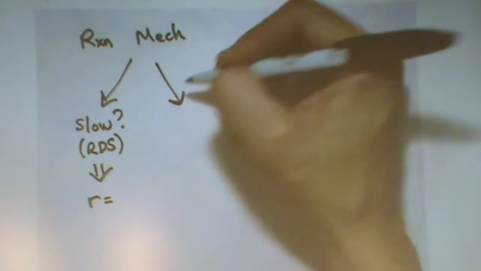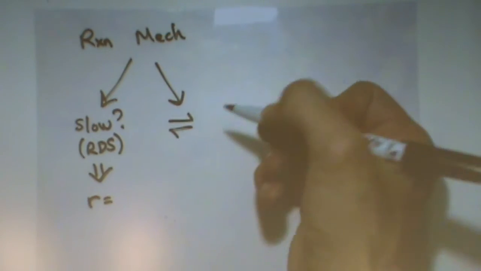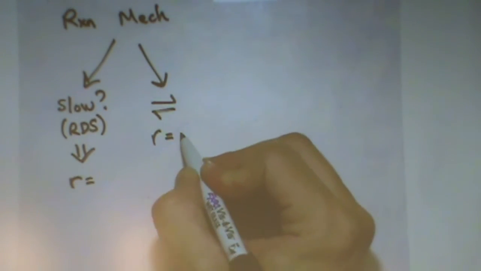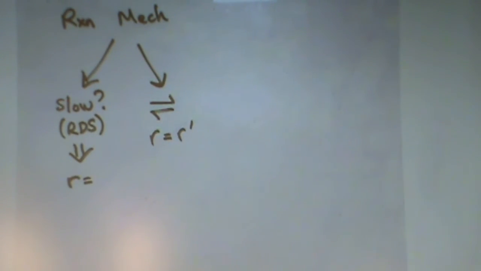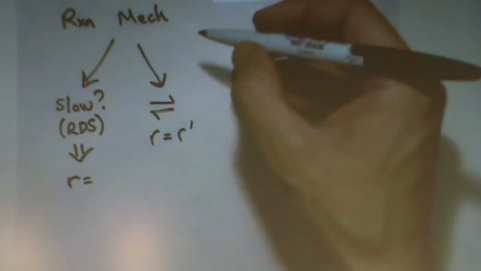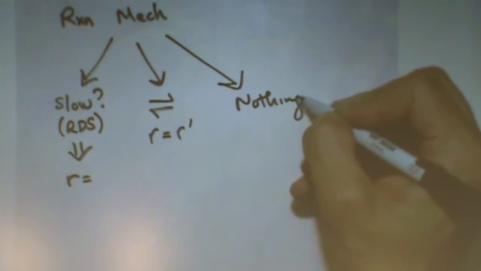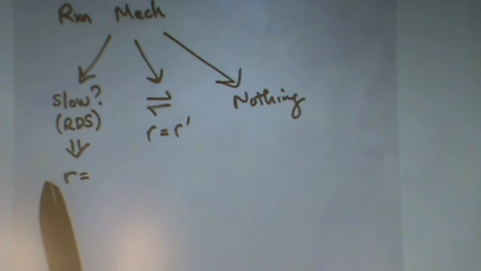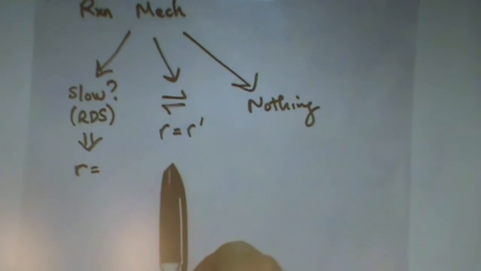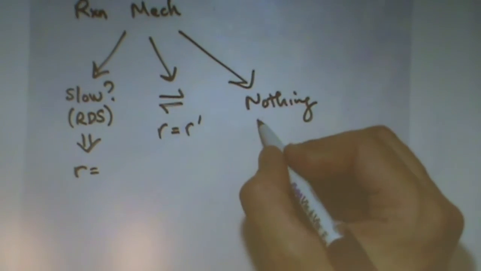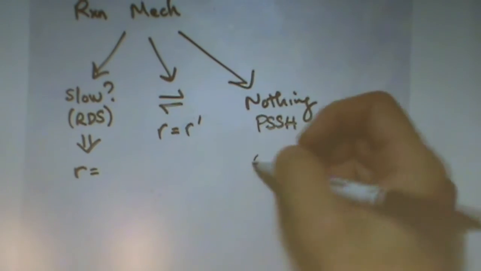The second thing I'm looking for: do I see a double-headed arrow anywhere? If I'm not restricted in any way, then I'm going to say the rate of that reaction equals the reverse rate of that reaction. That is the easiest way possible to get out of doing algebra. If I see nothing, meaning they don't tell me a slow step and I don't see a reversible step, that means I'm using PSSH. Okay?